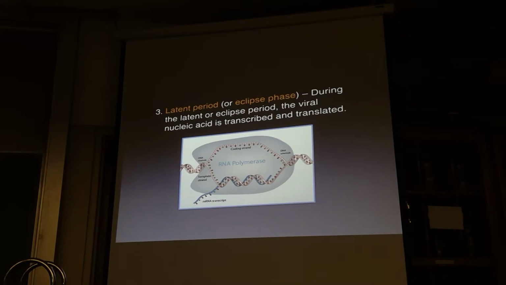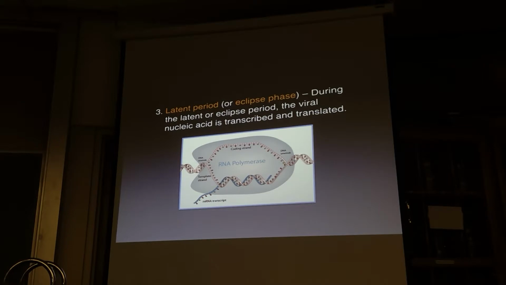This is not a good model for an animal virus, but if this packaging is on the outside of the cell, it's detectable. But once a virus infects a bacterial cell and this has gotten in, there's really no way to tell that it's in there until it completes its life cycle. And that's where a lot of the time for the life cycle is going to happen, during this latent period.